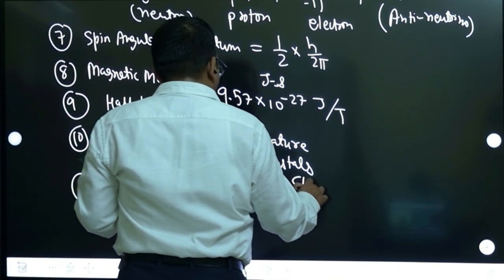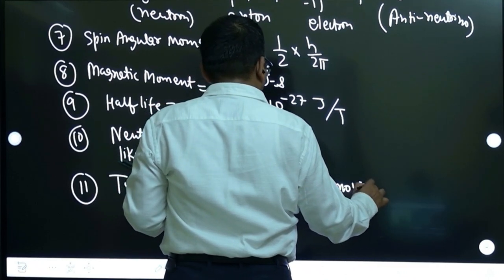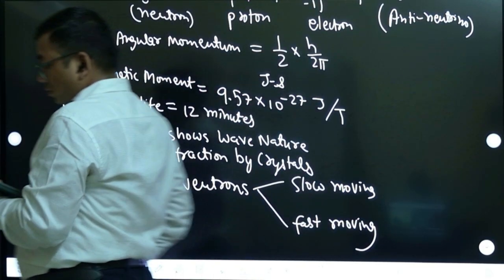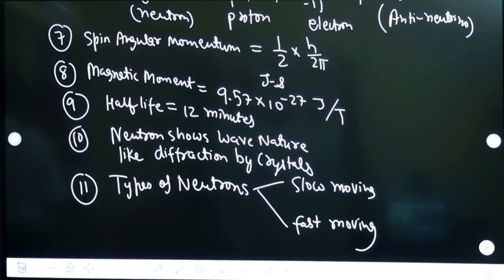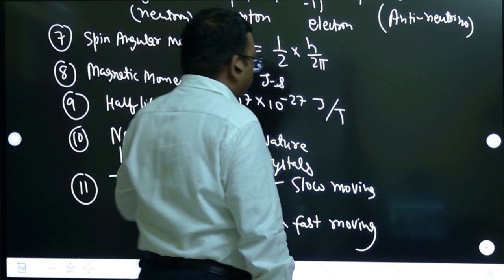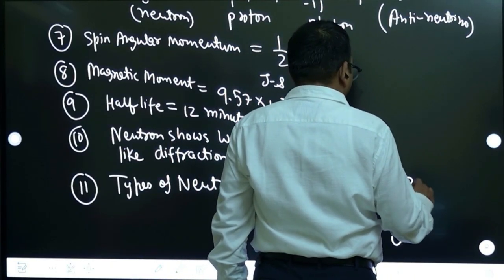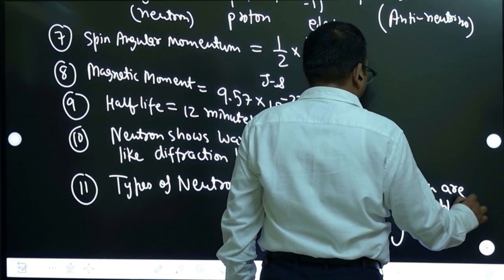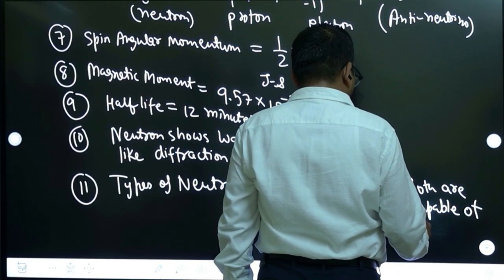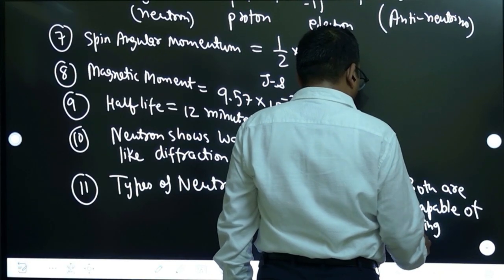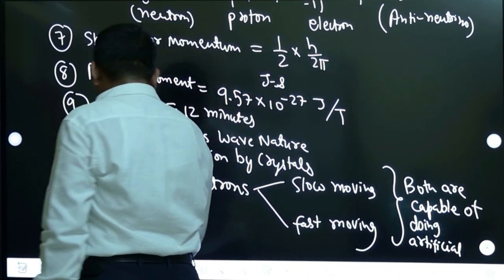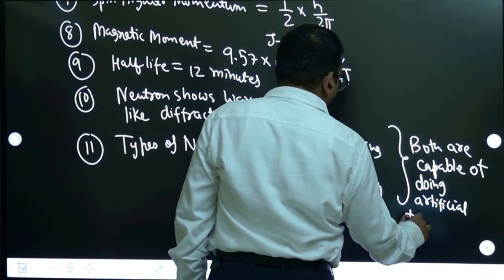One is slow moving neutrons, another is fast moving. Slow moving and fast moving both are capable of doing artificial transmutation.